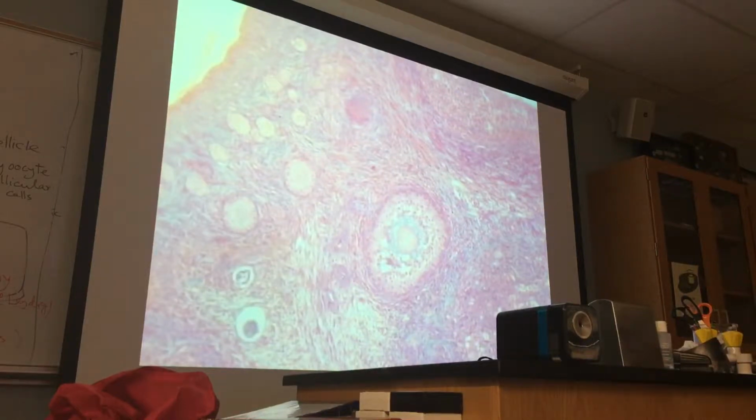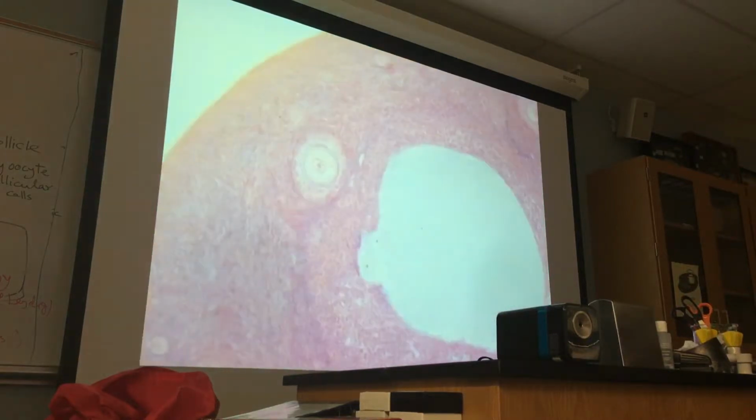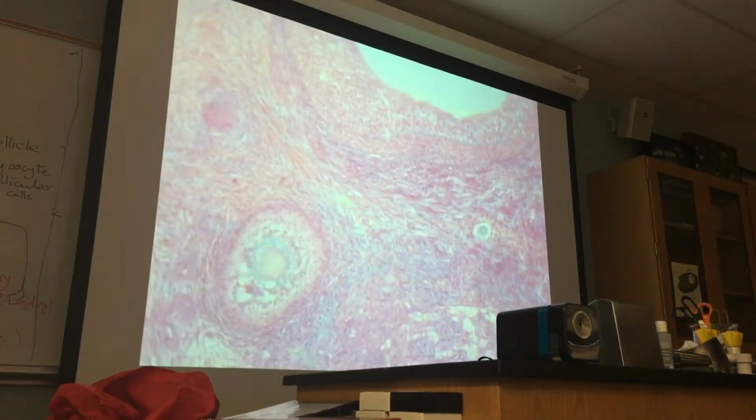This magnification, you see here, these are primordial follicles, very early primary follicle. And here is the late primary follicle, a very early secondary follicle. You can see the space already. This is the gamete. These are the granulosa cells.